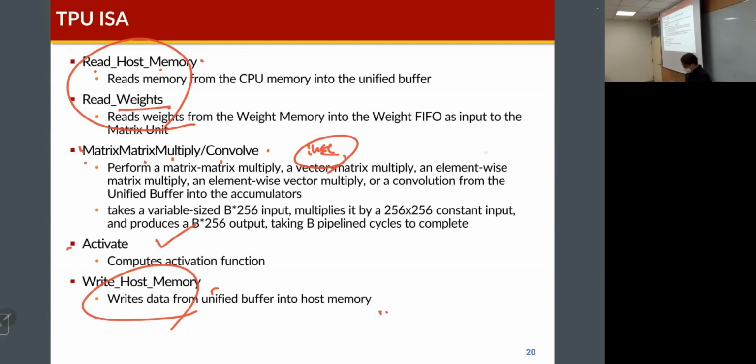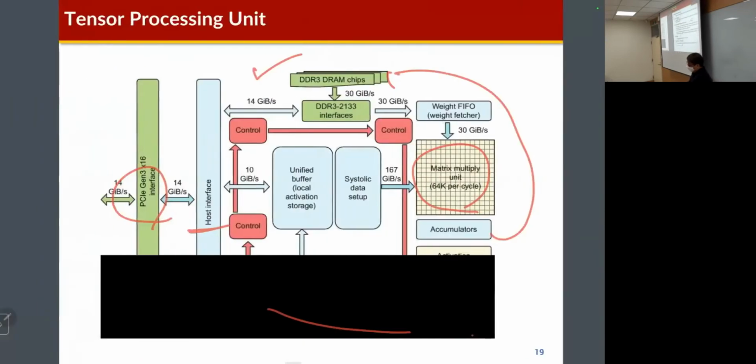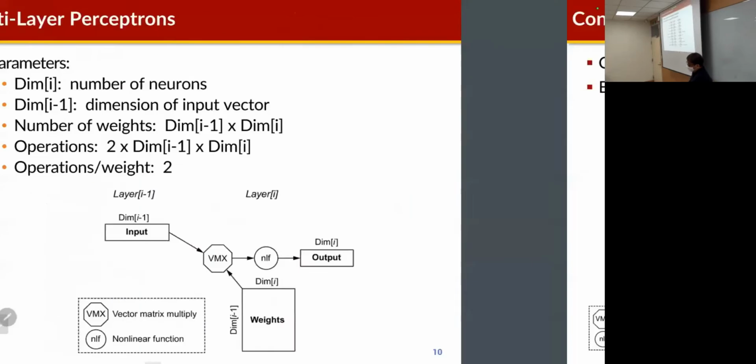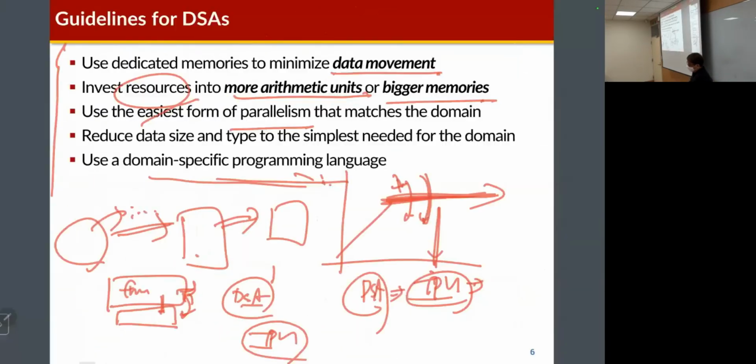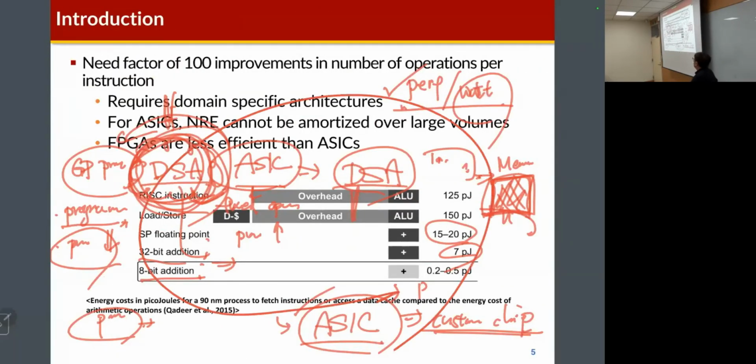If we look at the instructions executed by the TPU, we can find that it's very simple, and the number of instructions supported by the TPU is very small, right? Because if a domain-specific architecture supports many different instructions, then the power overhead of executing these instructions will be very high.